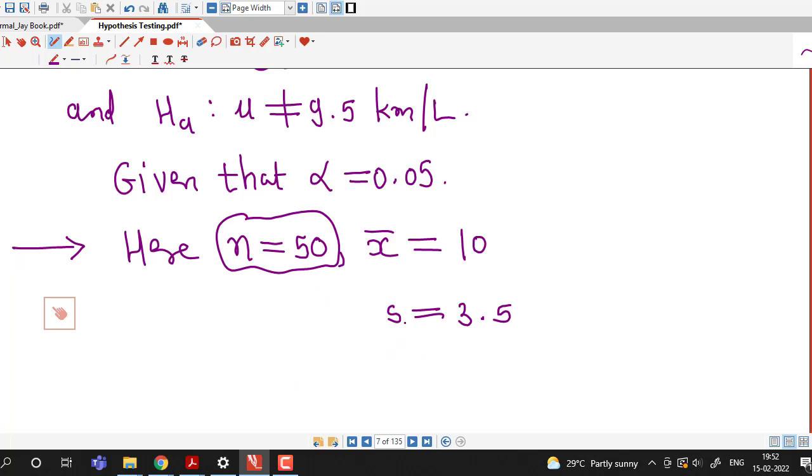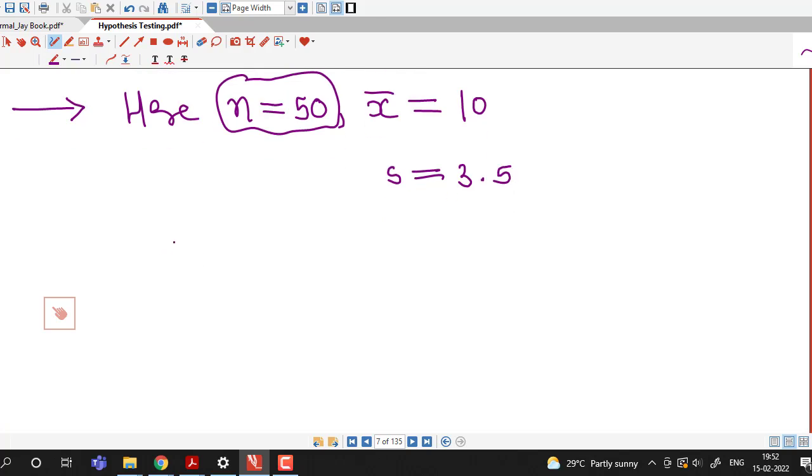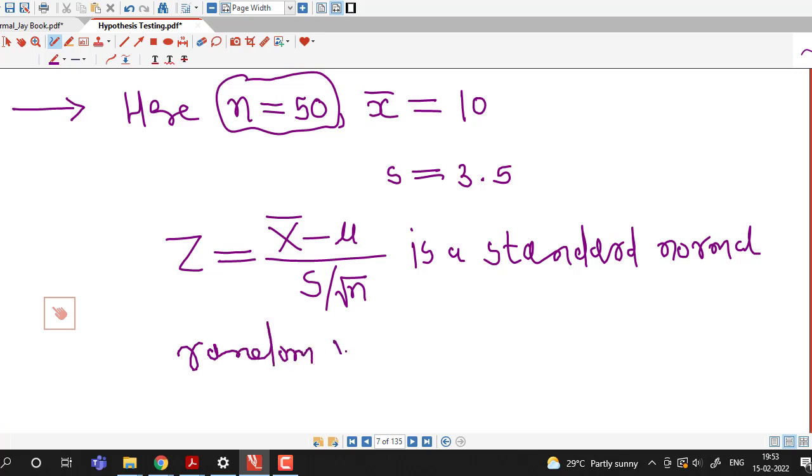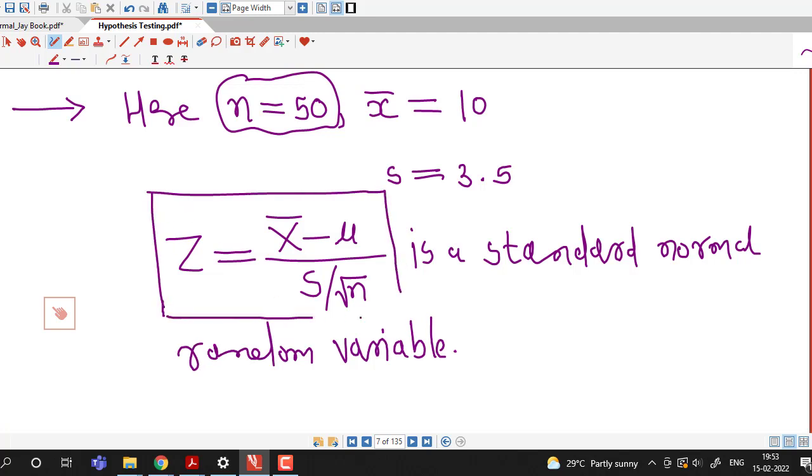And we know that if we have a large sample, then using central limit theorem we can say that this variable capital Z defined as x bar minus population mean divided by sample standard deviation over square root of n is a standard normal random variable. So this is by central limit theorem. So we will use this Z statistic to test our hypothesis.